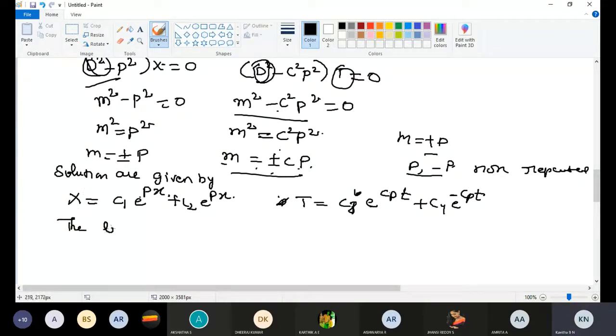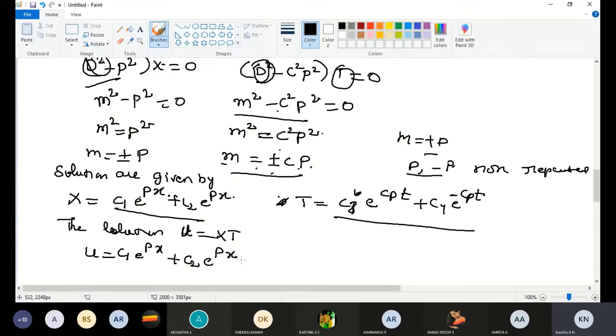The solution is capital U is equal to capital X and capital T. Here capital X is c1 e to the power of px plus c2 e to the power of minus px, and T is c3 e to the power of cpt plus c4 e to the power of minus cpt.